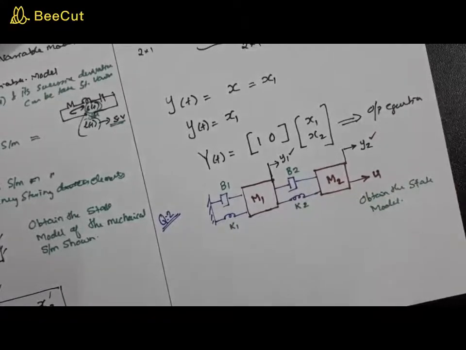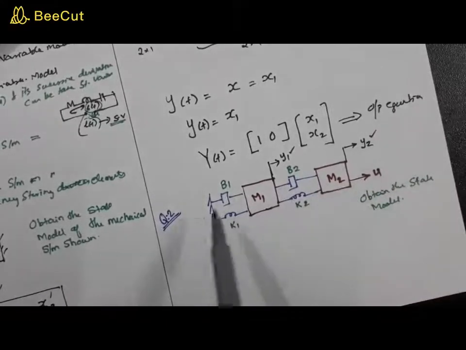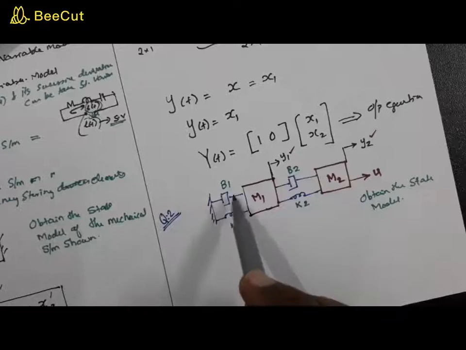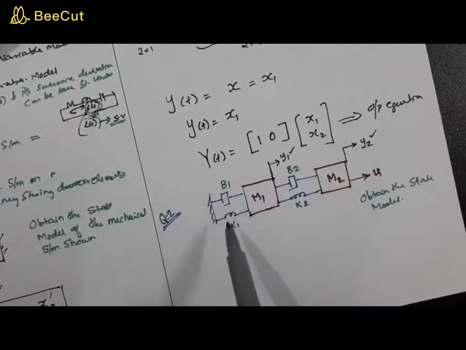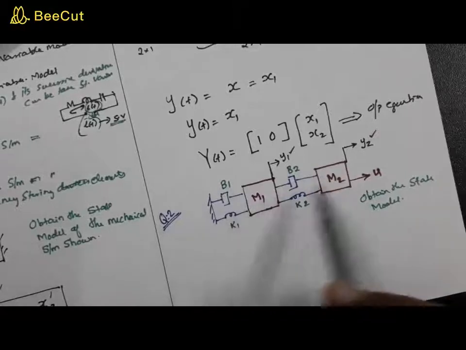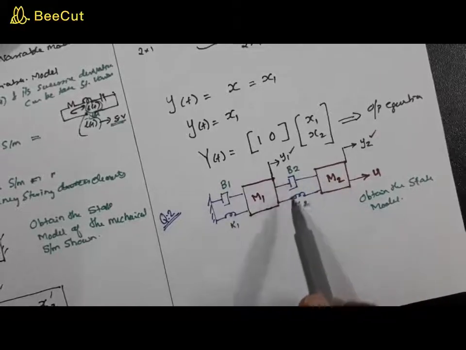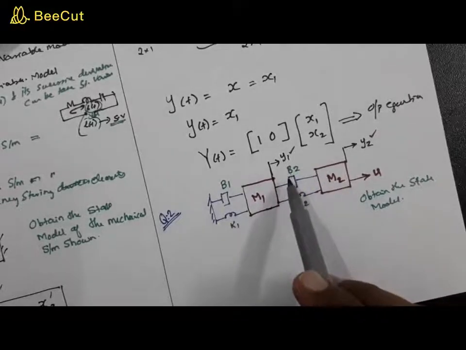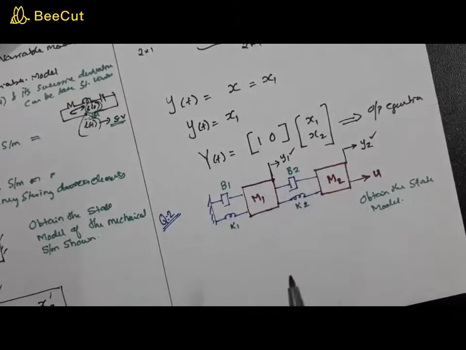These masses are connected to this fixed surface by a damping constant B1 and a spring constant K1, while these two masses are connected with the damper as well as a spring with the damping constant B2 and K2.